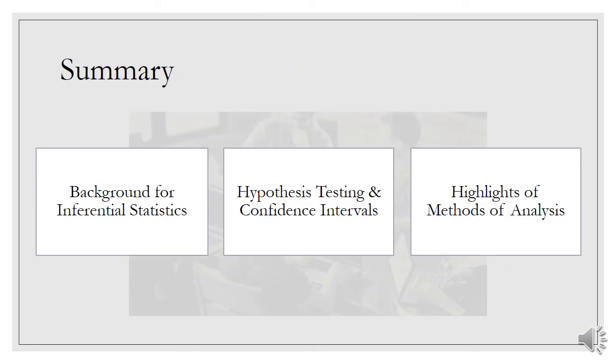There was a lot to unpack here. There's a lot more actually even in your chapters, which go a little bit more into analysis of variance and some of the computations there. But we focused on the background for inferential statistics, hypothesis testing and confidence intervals. We should have taken away why we're doing inferential statistics with hypothesis testing and confidence intervals.